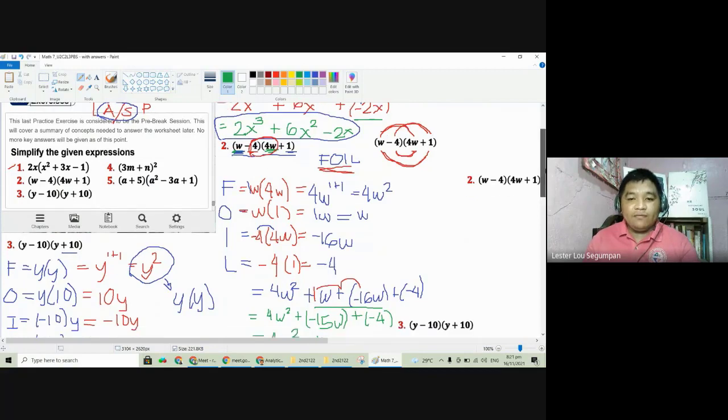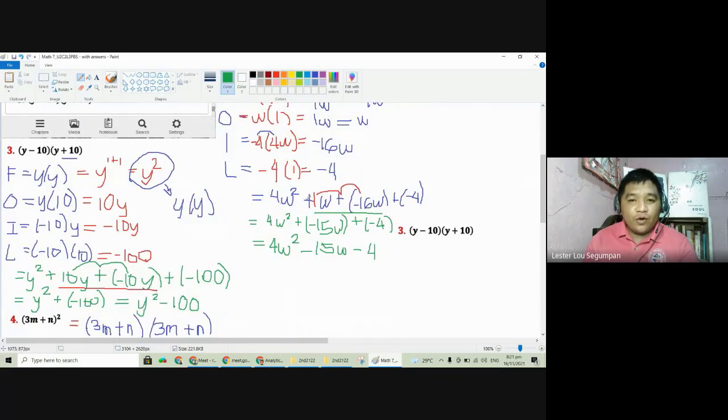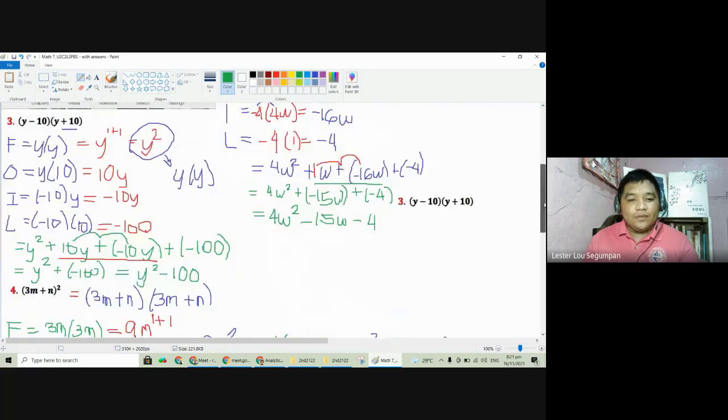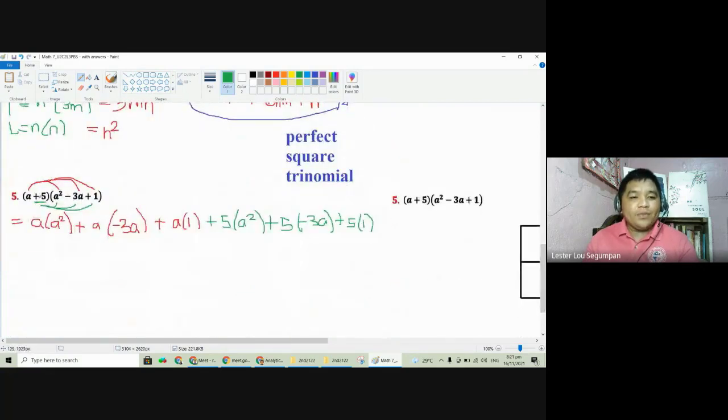But then again, we have simplified them as we move forward. But the first step, we have four pairs of products as it follows F, O, I, and L. But here in the first step, we have six as we have two terms to be multiplied to three terms. That's distributive property for you.